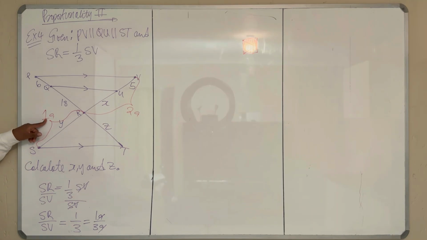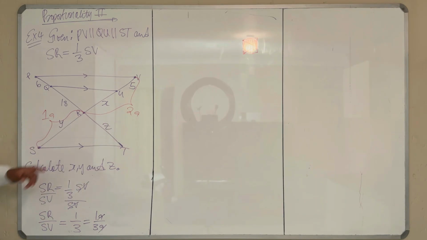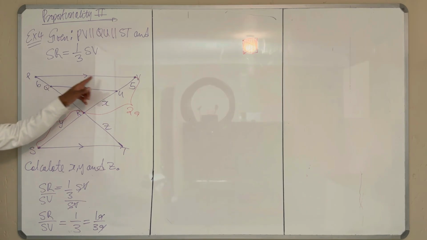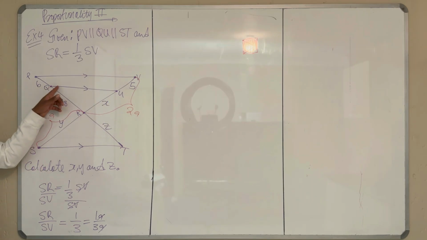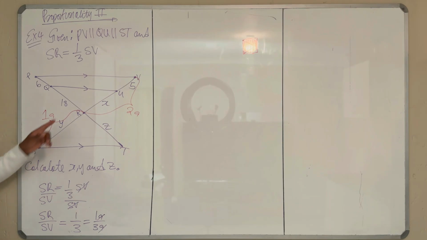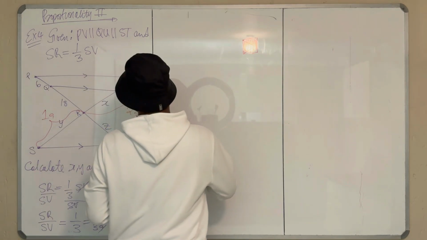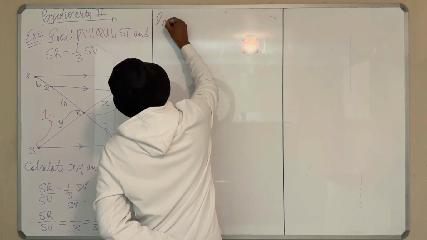So this is the side length 1A. Now we want X, which is this one over here. We can apply the proportionality theorem in triangle RQU and triangle RPV, because this is parallel to that.